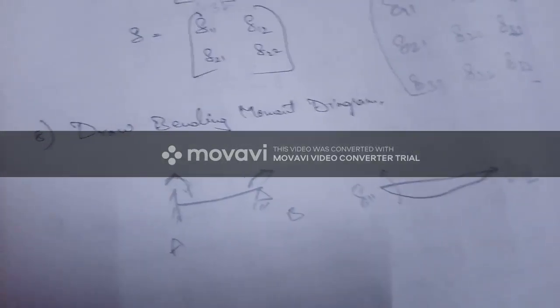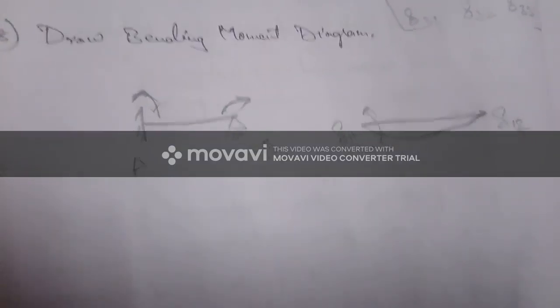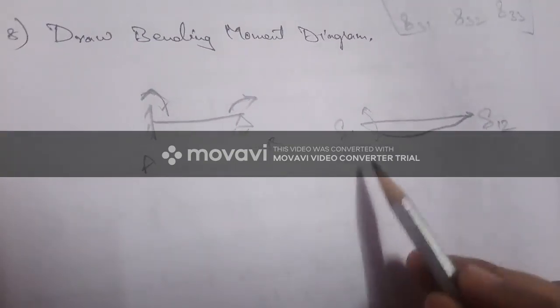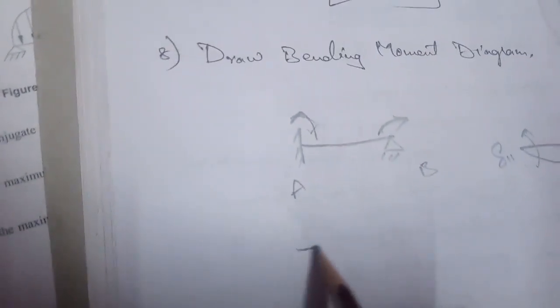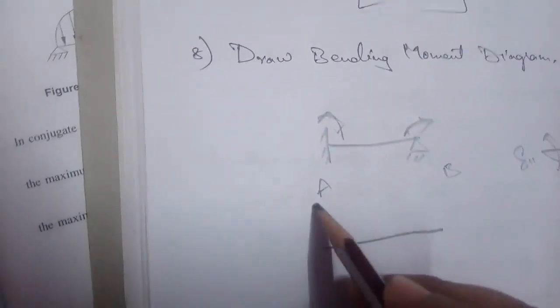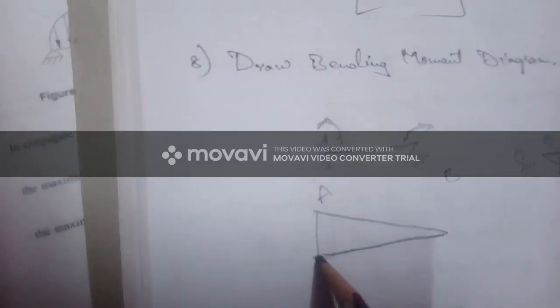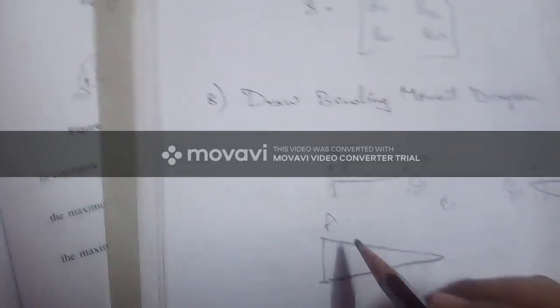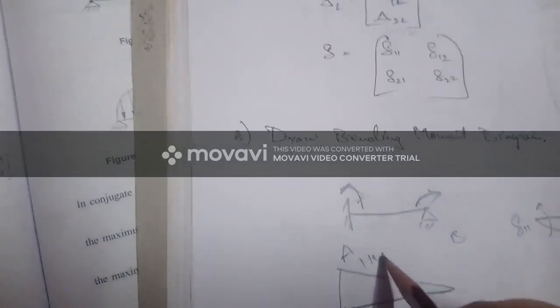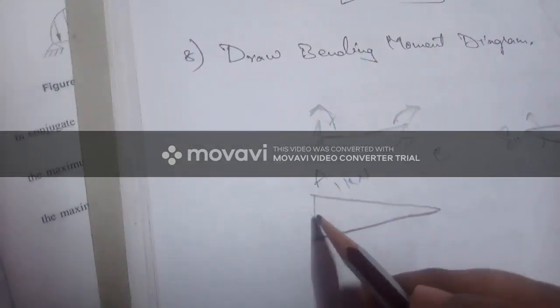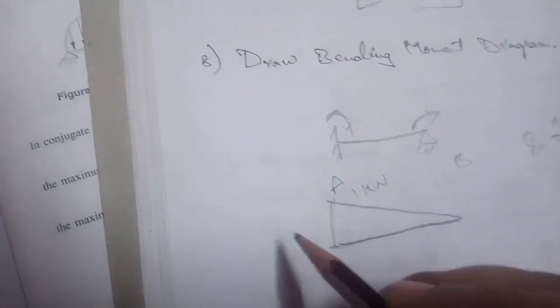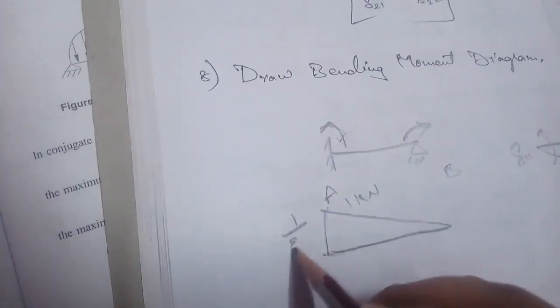For example, as we have discussed, we are supposed to apply 1 kilonewton of loading. So at first we have applied 1 kilonewton of loading. This is the load diagram. If we apply 1 kilonewton of load at A, the frame is formed like this, and the bending moment with respect to the loading is 1 by EI.